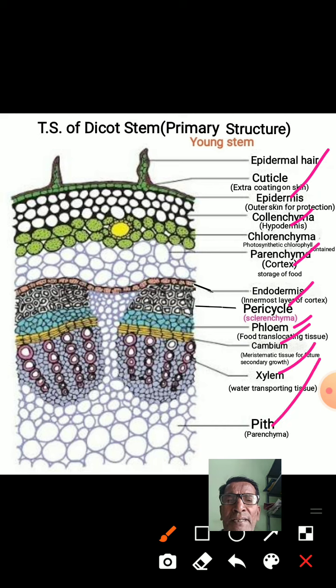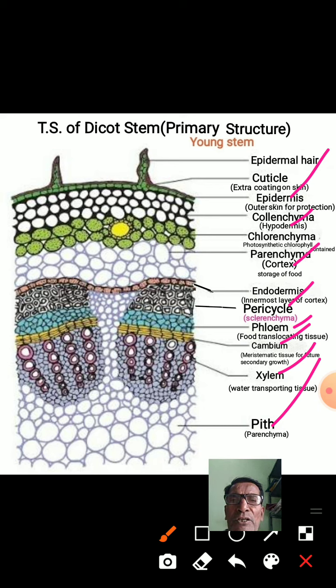This is how the right labeling should be given to all the tissues, and the functions of the different regions and of the different tissues composing each layer of the internal framework of the young stem should be prepared.